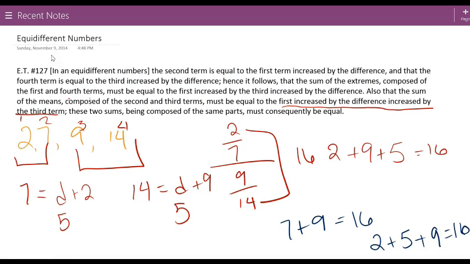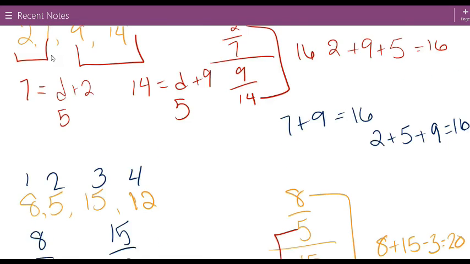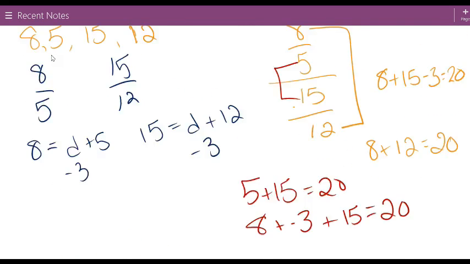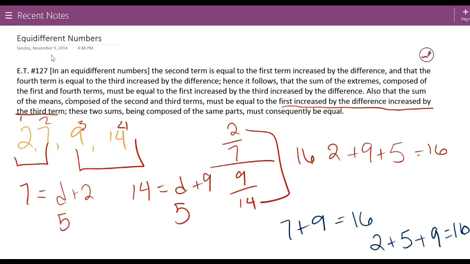There really isn't anything on how to solve for them or how to work with them, although you can see that if we had this scenario of 4, 6, I don't know, 10, on the surface it would seem like, okay, so 4, 6, 10, well, clearly that would be 12.